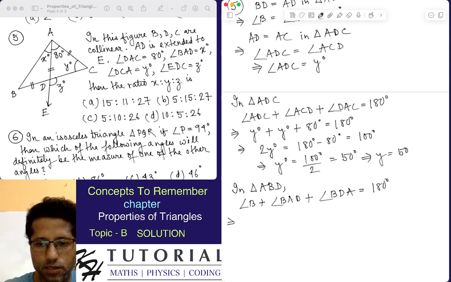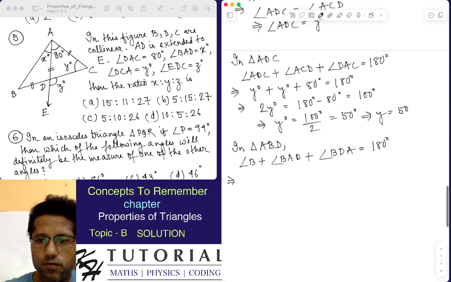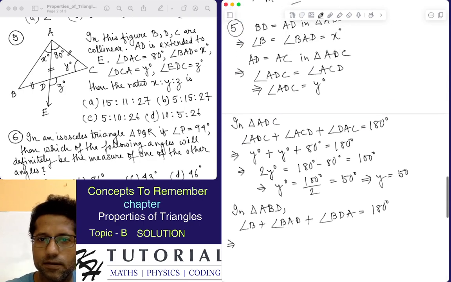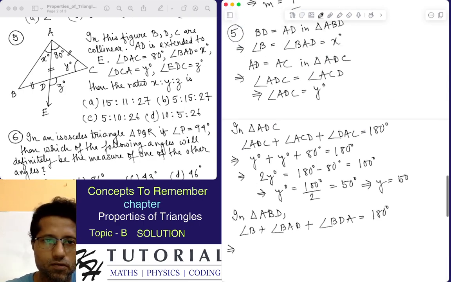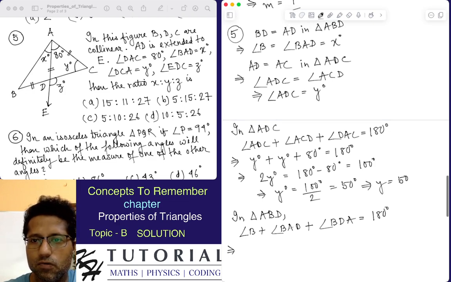And what is angle B? Do we have angle B? Angle B is x degree, because BD is equal to AD in triangle ABD.